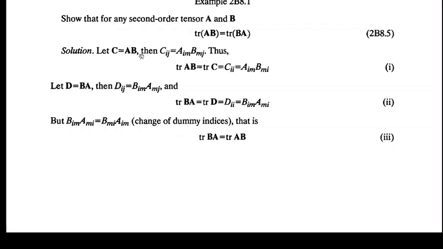The components of D are Dij, and the trace of BA is the trace of D, which is Dii, that is Bim Aim. They are the same because i and m are dummy indices in these two equations. So it means that the trace of BA is equal to the trace of AB.